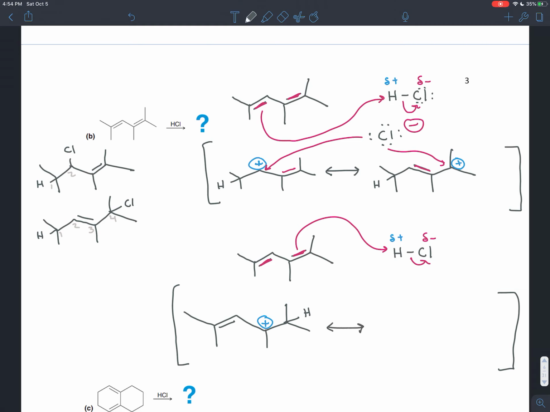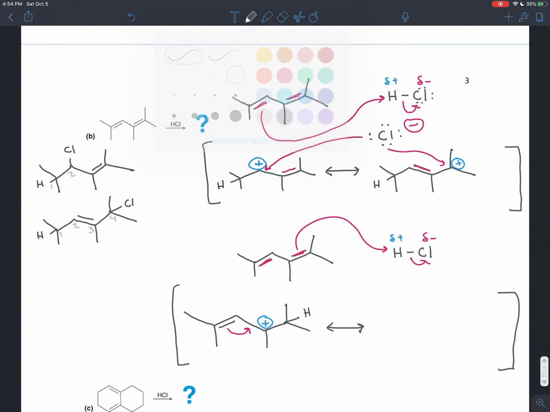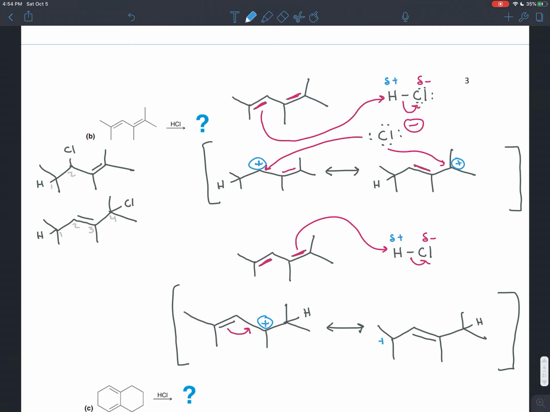The true structure is always only the average of the two. So take the average, that's what that arrow is telling you, of these structures. And to draw the other resonance structure, the curved arrow pattern is that the pi electrons go toward the positive charge. So here you'd have the pi bond here now, and the positive charge would be over here.